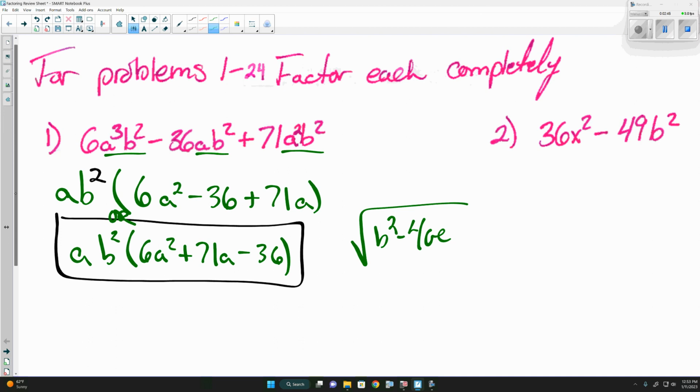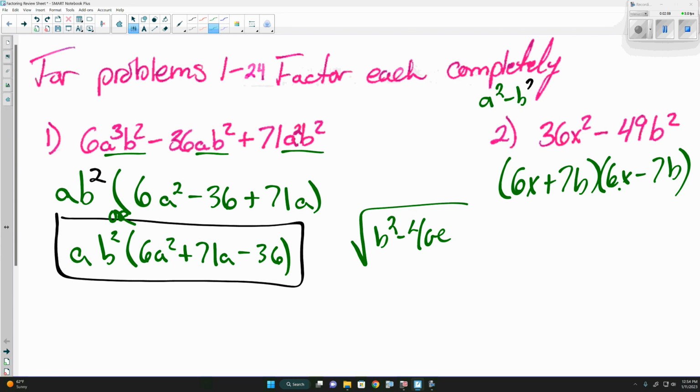Because number 2 is a difference of perfect squares, which will end up being 6x plus 7b times 6x minus 7b, because this is really following our a squared minus b squared, which ends up being a plus b times a minus b.